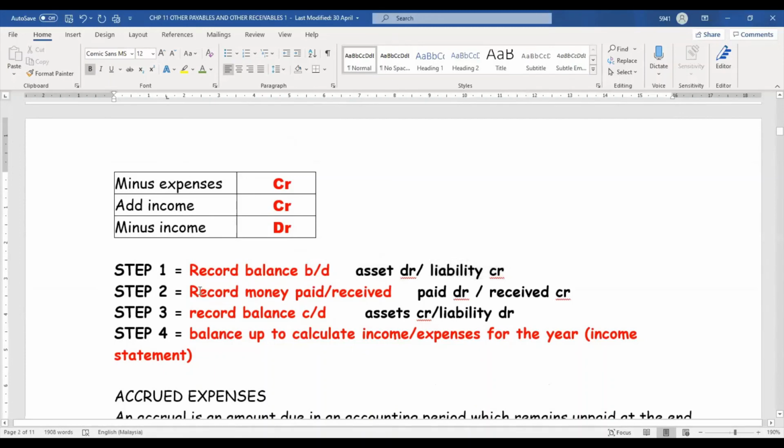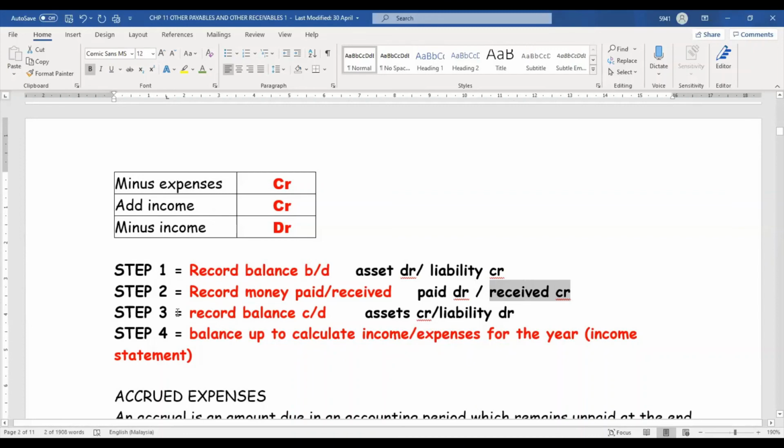Next one. And then we record money paid or money received. If you paid, we will record in the debit side, in the expenses account. And whenever we receive the income, we record in the credit side in the income account. Okay, now we are talking about income and expenses account. We are not talking about the bank. Okay.